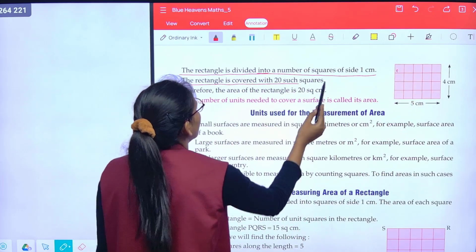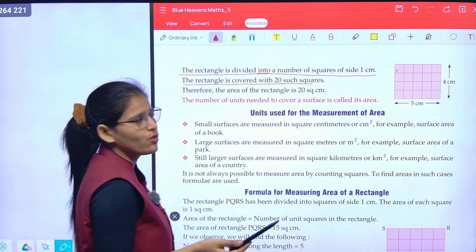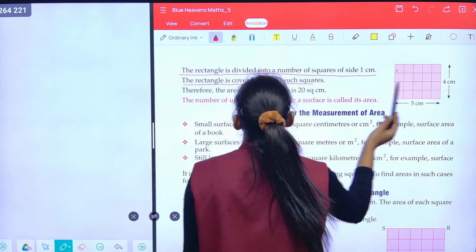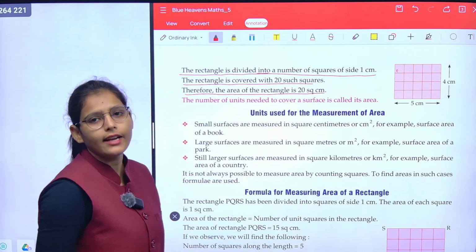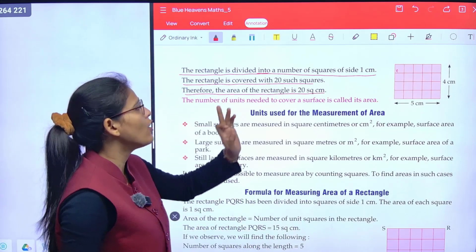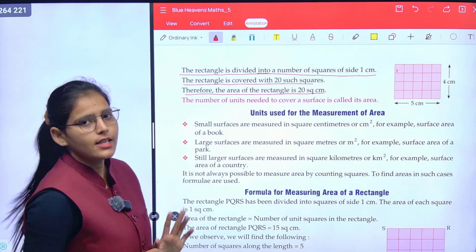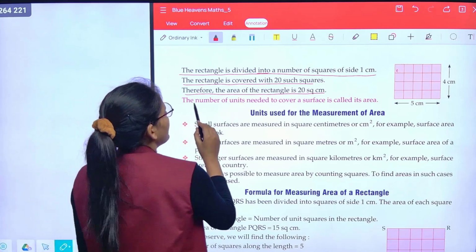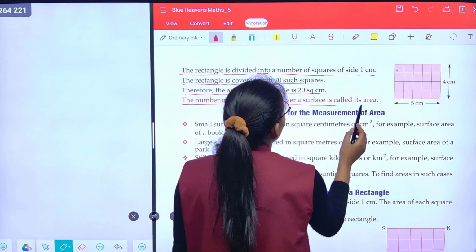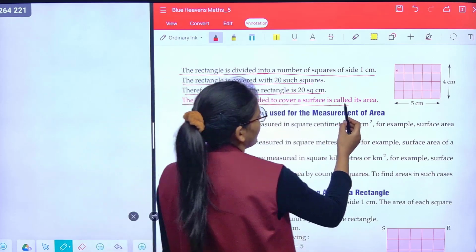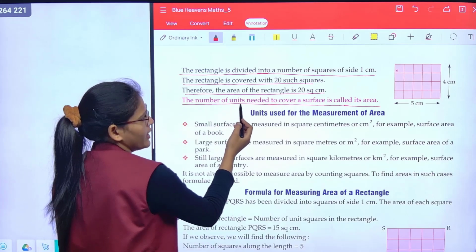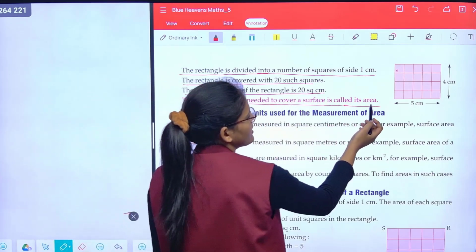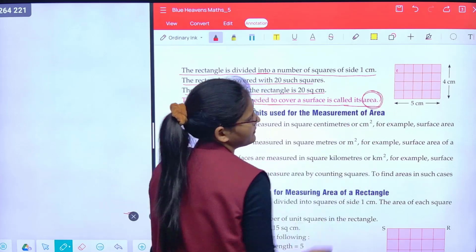The rectangle is covered with 20 such squares, therefore the area of the rectangle is 20 square centimeter. The number of units needed to cover a surface is called its area. Understand?